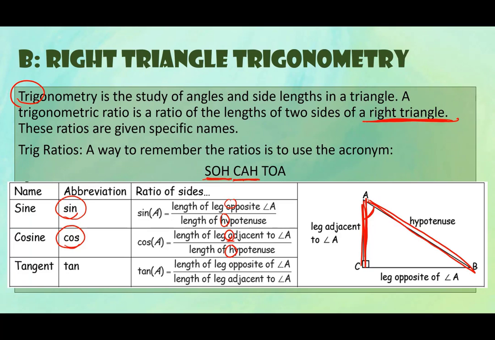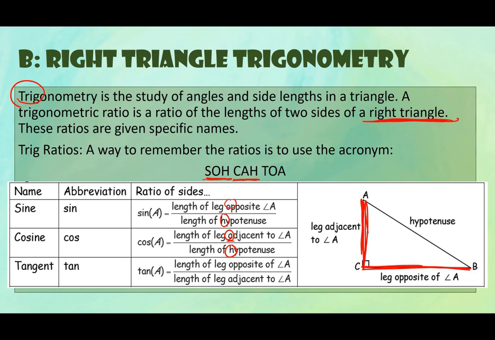The last one we have for now is tangent, spelled T-A-N-G-E-N-T. We abbreviate that as T-A-N, but we always say the full name, tangent of something. Tangent of A is equal to the opposite side of A over the adjacent side.